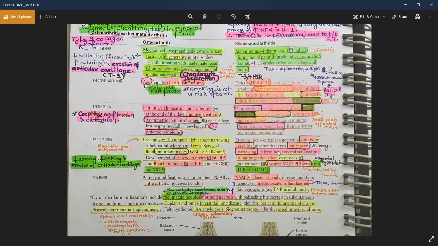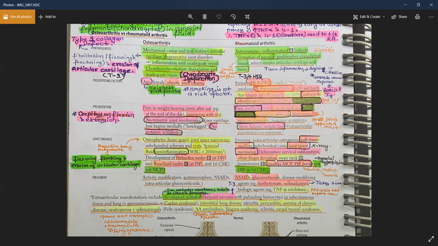So it will be a patient with a history of joint pain, and when you manipulate the neck, like during placement of the nasogastric tube, the patient suddenly has paralysis. That's how you know the patient has compression of the spinal cord because of cervical subluxation. It is very common with rheumatoid arthritis.